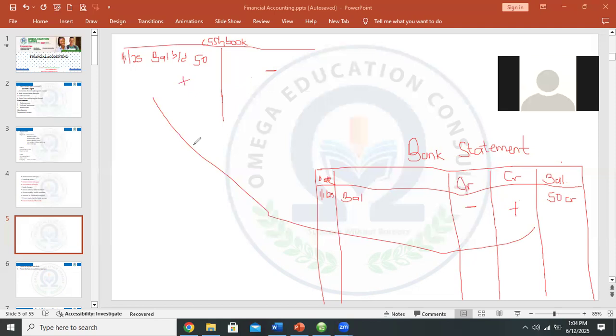Okay, so I wanted to ask, why is it that the debit side of the cash book is the positive side? Let me do it this way. You see, the bank, for example GCB, sees you, the customer, as a creditor. Why? Because you are depositing your money with GCB.